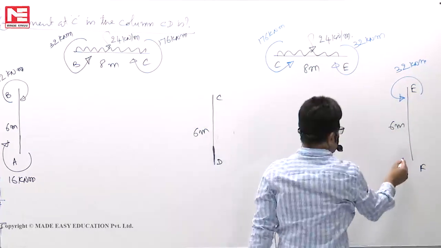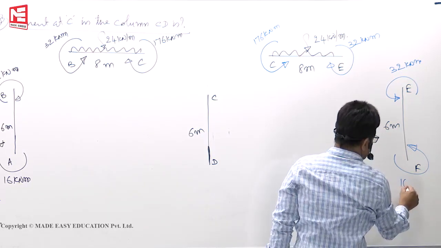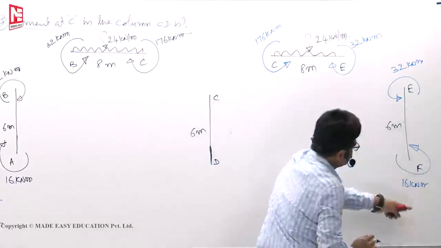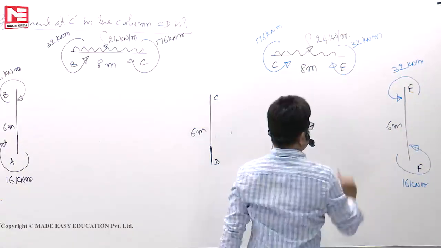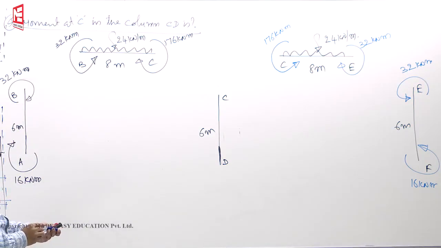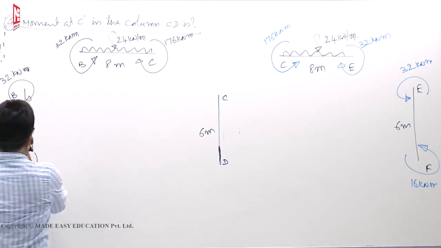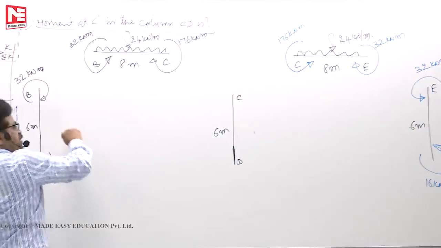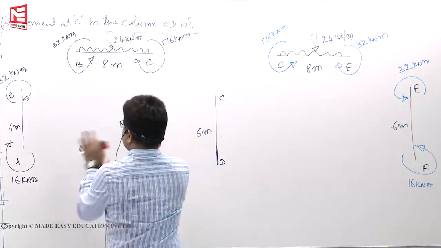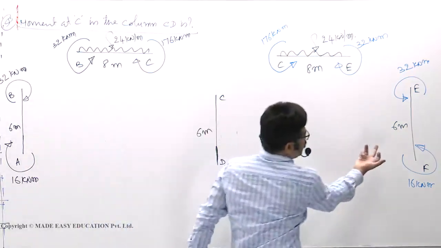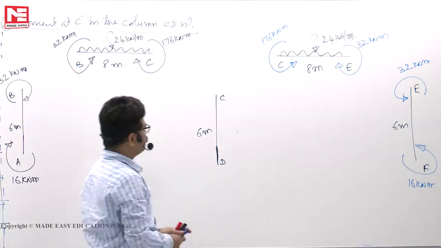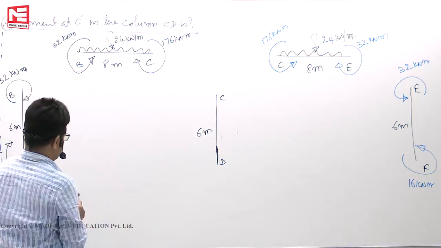Here plus 16, that means it is minus 16 anti-clockwise. Now you see when I fold it, that clockwise becomes this way. That is called mirror reflection. Same thing when I turn it like this, it becomes this way. Same thing when I reverse it, this curve will come like this. Okay, 16 kilonewton meter. Now it's done.